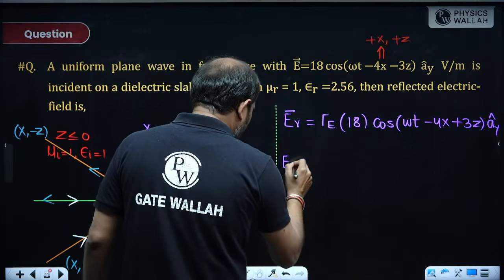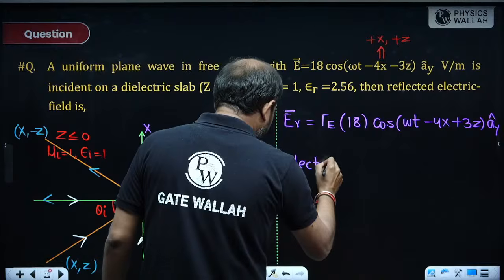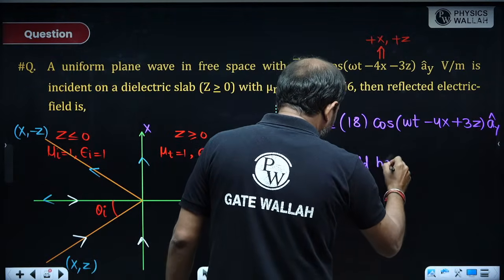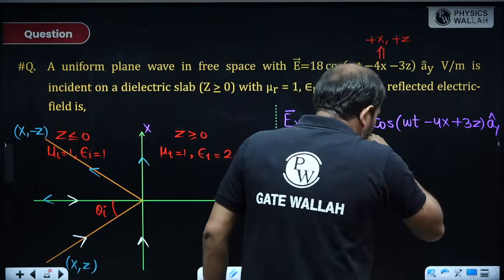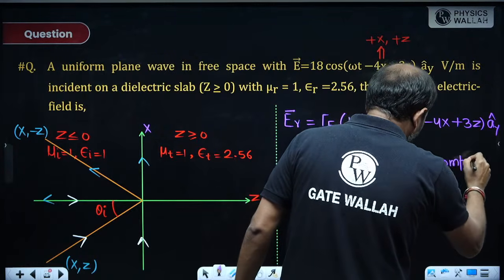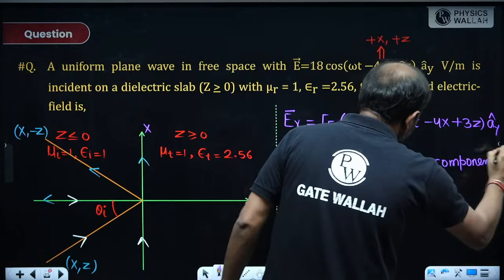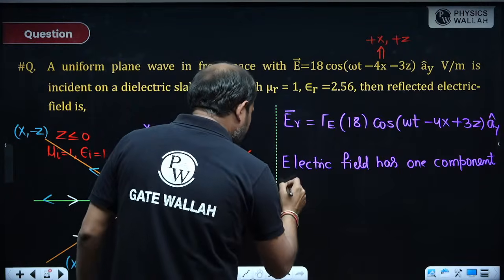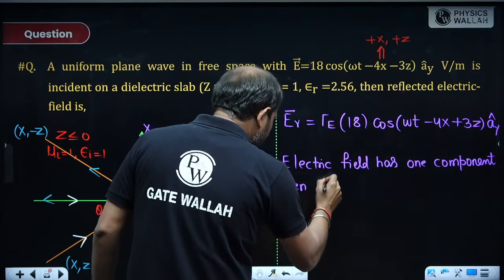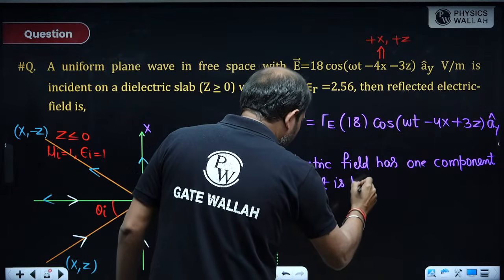Electric field has how many components? Electric field has one component. If the electric field has one component, then it is perpendicular polarization.